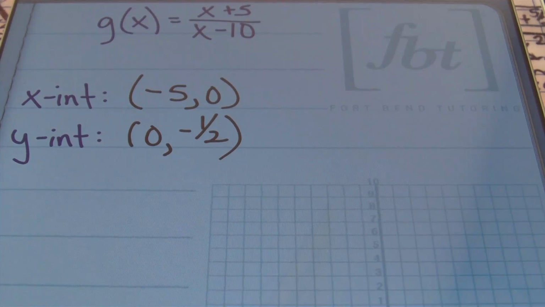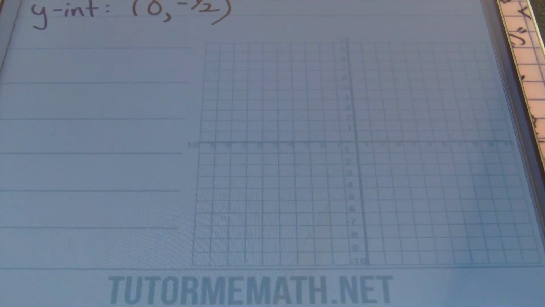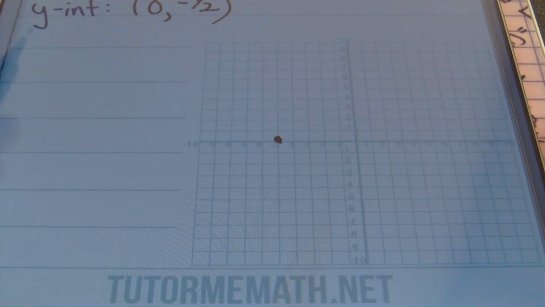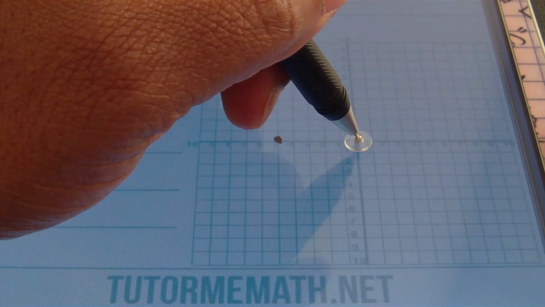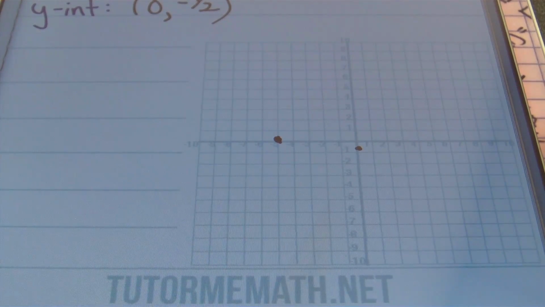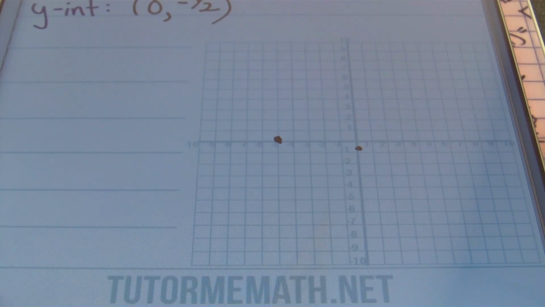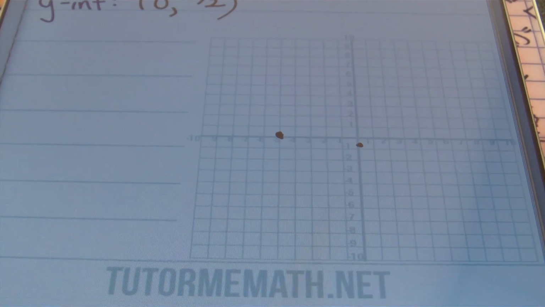Let's plot those on our Cartesian plane. Negative 5, 0 gives us a point right here on the x-axis, and our y-intercept at 0, negative 1/2 is about right there. So that's my x-intercept, and this is my y-intercept, and there we have it for problem number 1.